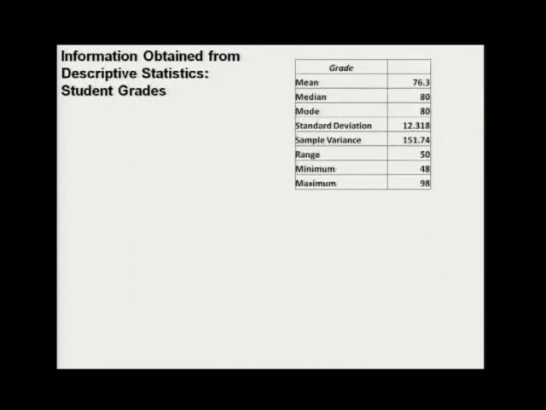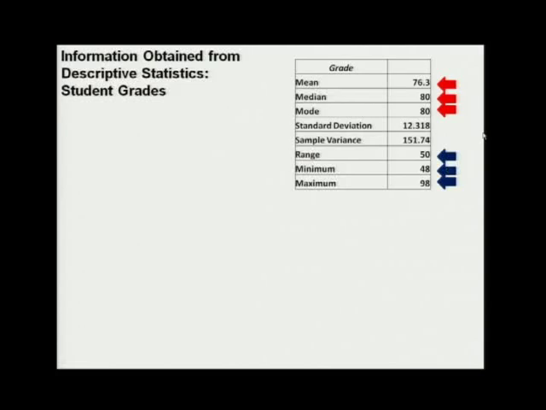When we look at students' grades from the descriptive statistics viewpoint, first we have to think of students' grades as larger the better, as we discussed a minute ago. As we look at the mean value, we can see 76.3. We can see a median of 80, a mode of 80, and what that tells us in line of information is that the average value of this class is a high C. But the mode, which is the majority of the grades in the class, is 80, so that's a B. The median as well.